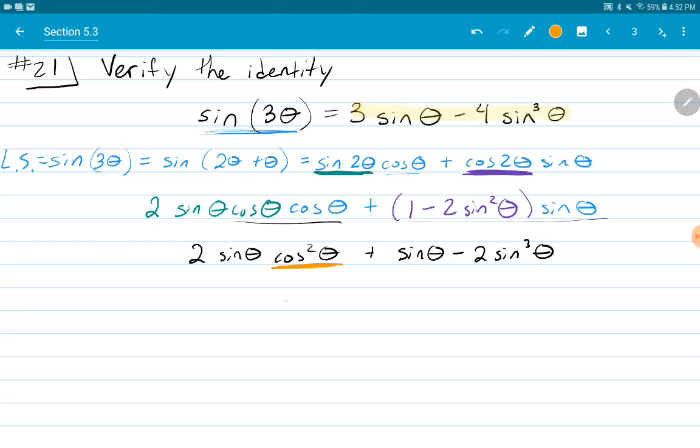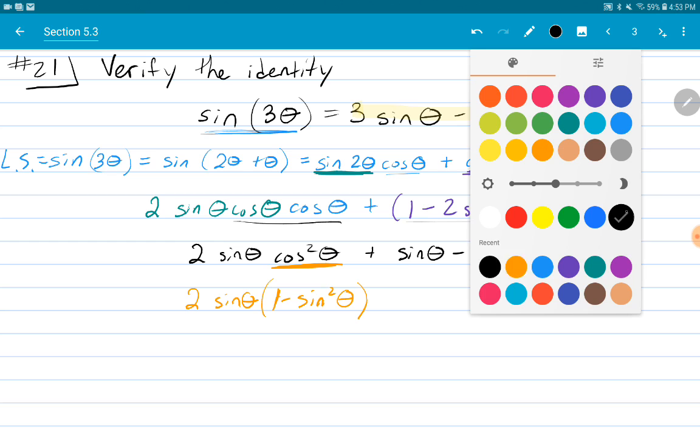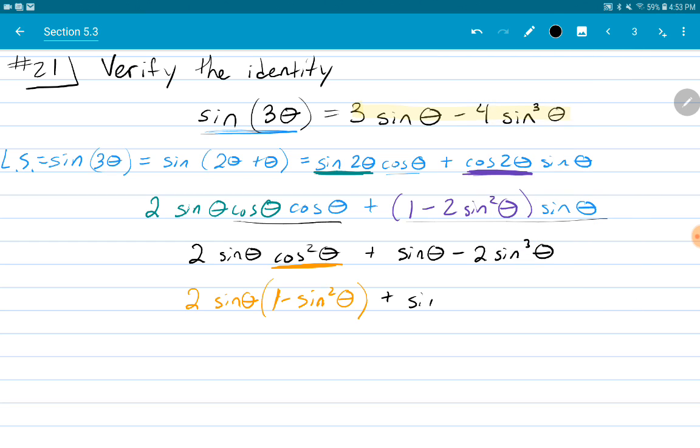Cosine squared plus sine squared equals 1, so I can express cosine squared as 1 minus sine squared, and multiply that instead of the cosine squared. I'm going to leave the stuff on the right the same.